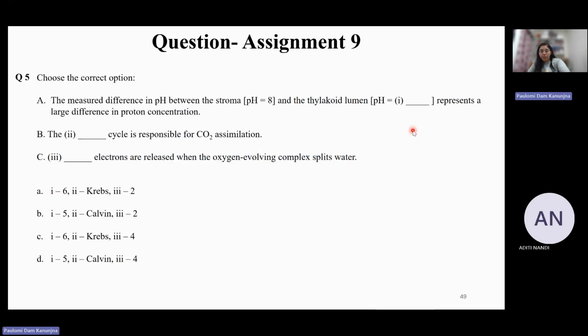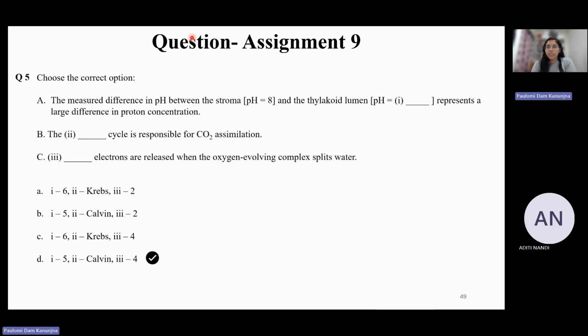And the answers are there. So you just need to give me the option which is correct. D. Fantastic.